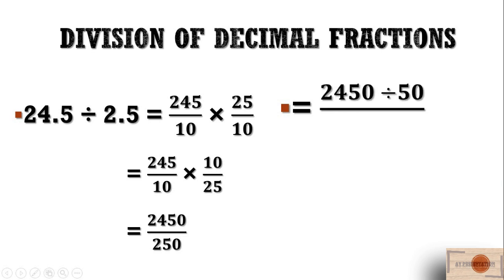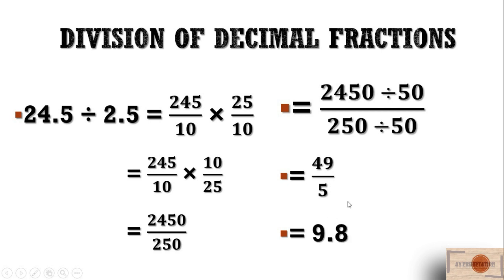Here we take the number 50. 2450 divided by 50 upon 250 divided by 50. After dividing, the fraction is 49 upon 5, then 49 divided by 5, and the answer is 9.8.